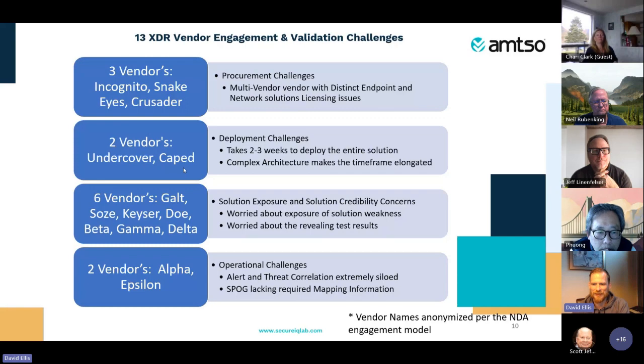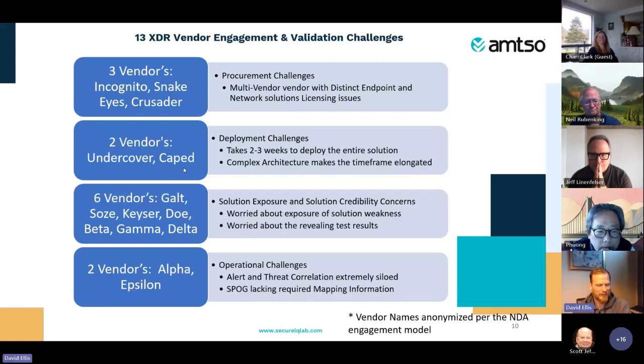We're seeing 4 basic areas of challenges in terms of being able to purchase solutions, get them up and running, and then the area where we saw the most issue is essentially that vendors are concerned about what we're going to do to their baby.